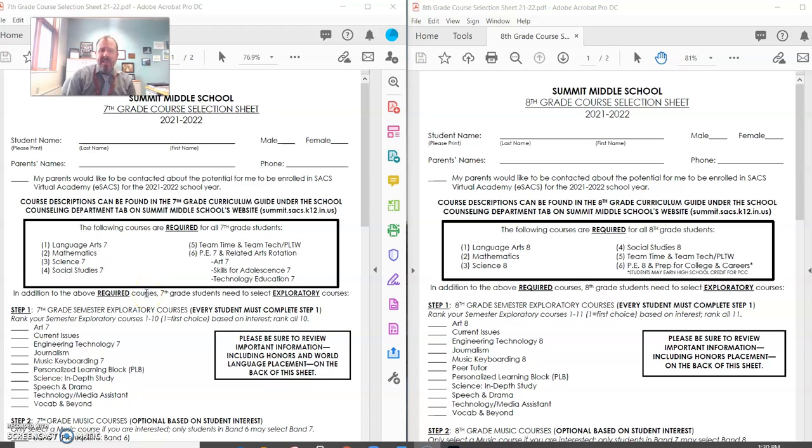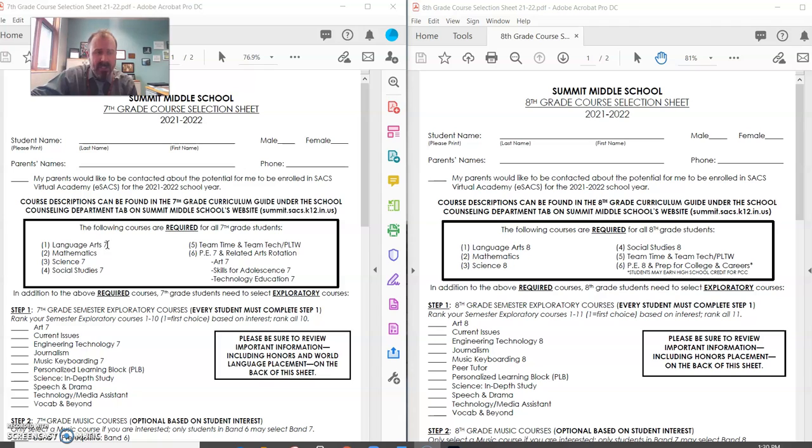Now, incoming 7th and 8th graders, back a year ago, I promised you that when you get to 7th and 8th grade, you would have more elective choices. And one of the reasons you get more elective choices is because you have fewer required classes. If you look here in the box, 7th graders have 6 required slots filled in their schedule.